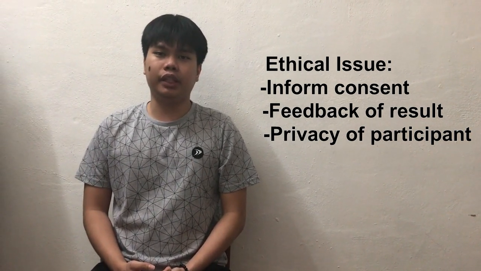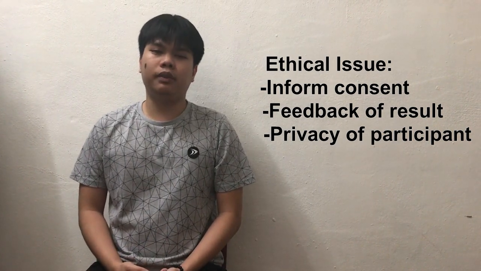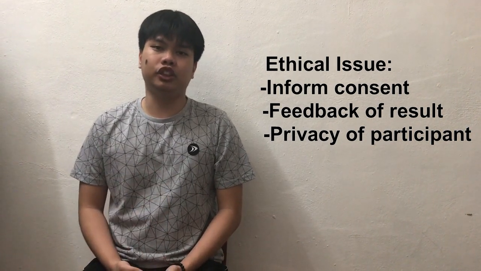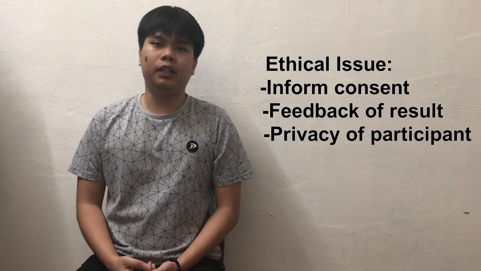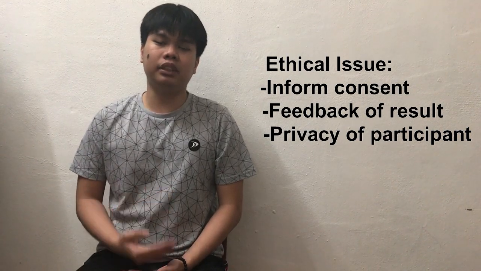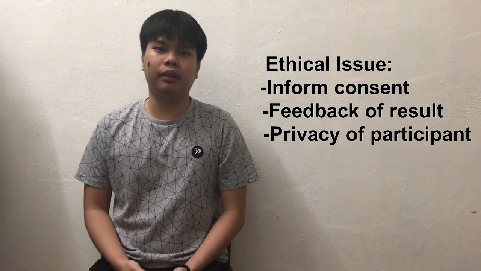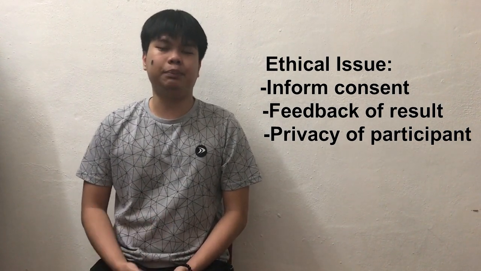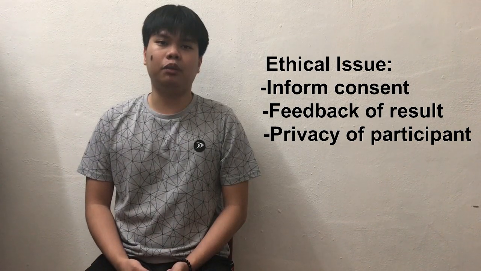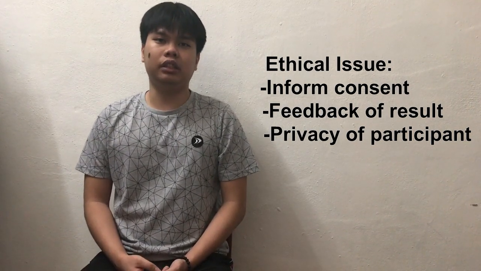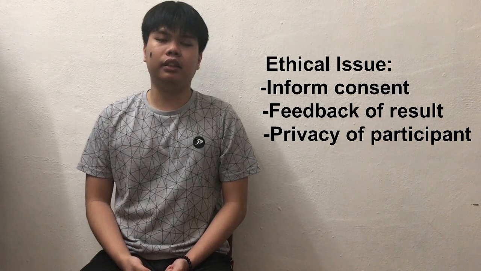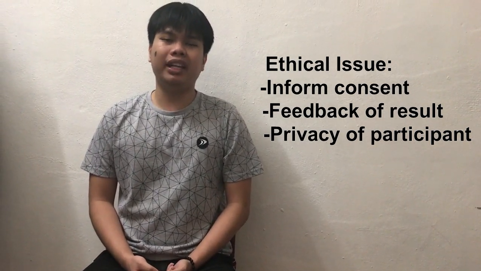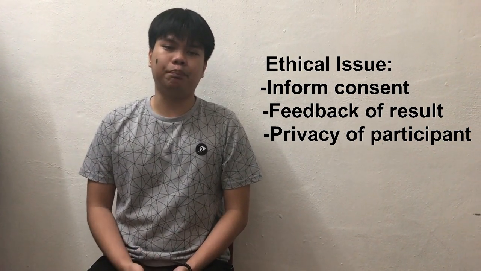For feedback of the result, the participant has the right to know the result after the research study is done, so the researcher can have a result discussion with them. The last part is the privacy of the participant. The privacy of the participant will not be released by the researcher in the published paper, to prevent leakage of their information to the public.